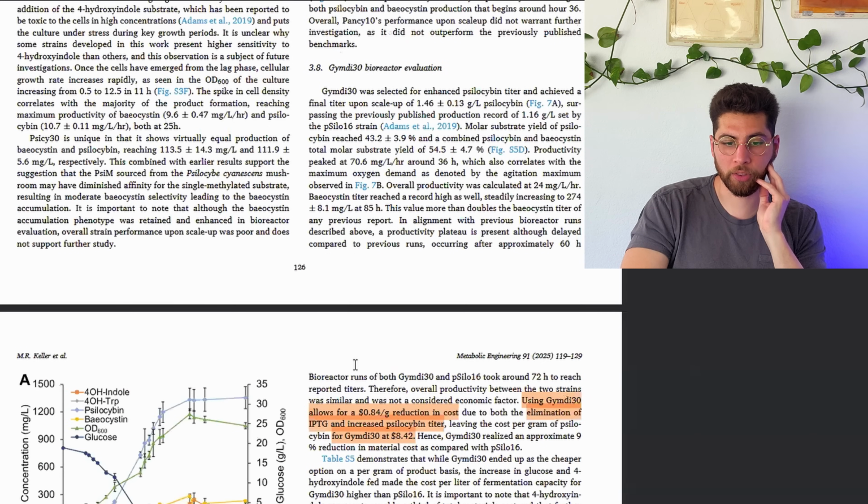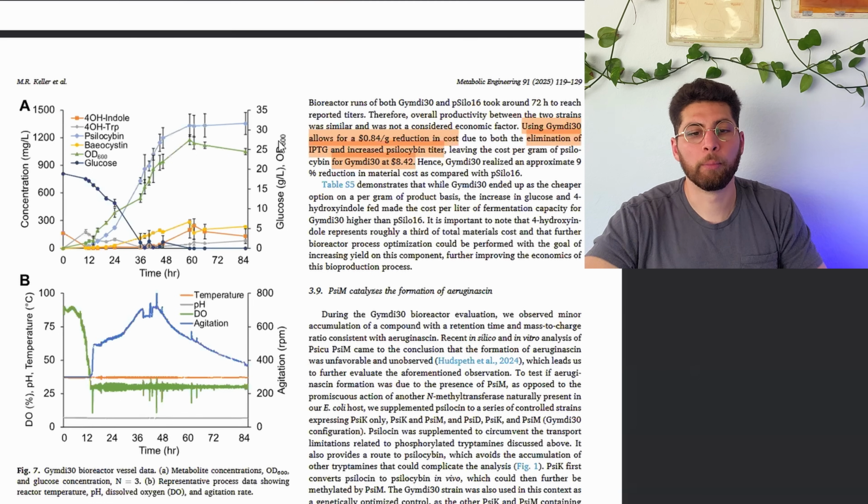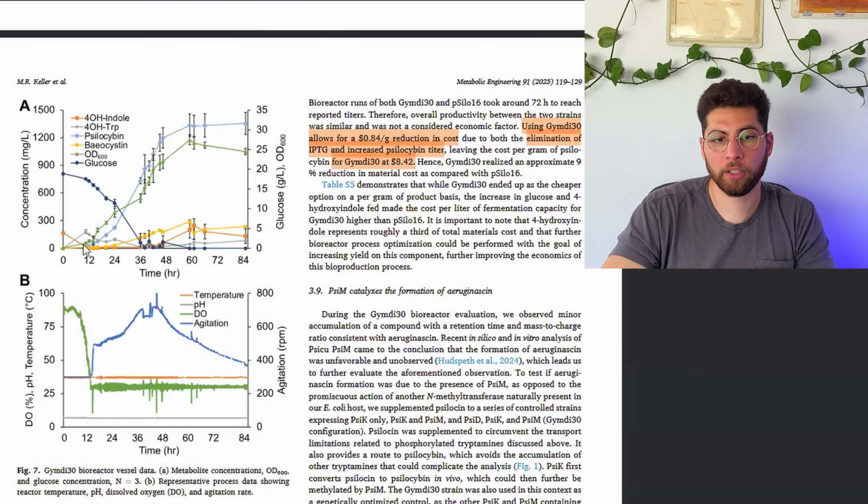This is for GIMD30, which potentially is the best strain here. You can see psilocybin titers get up to that advertised nearly 1.5 grams per liter level. But you can also see the baeocystin levels are down here, and 4-hydroxyindole, which is the precursor that's added.